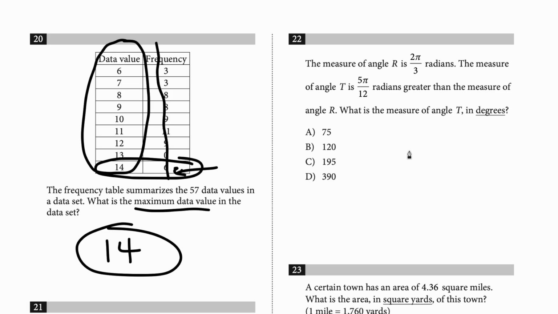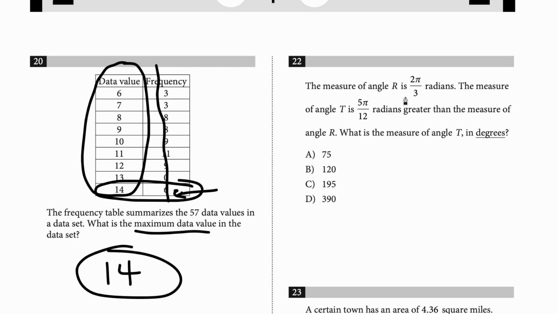Question 22. The measure of angle r is 2 pi over 3 radians. The measure of angle t is pi over 12 radians greater than the measure of angle r. So we know the angle t would just be angle r, which is 2 pi over 3 radians, plus 5 pi over 12 radians.